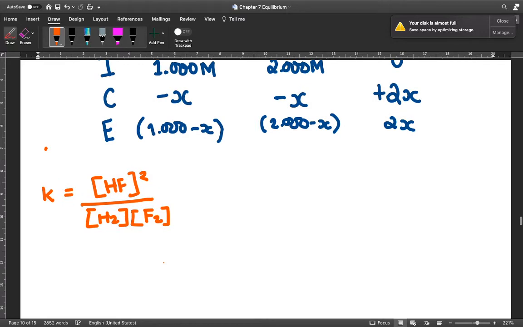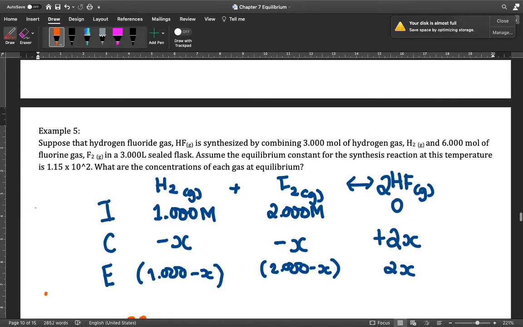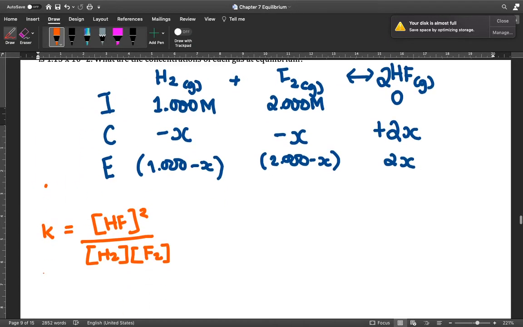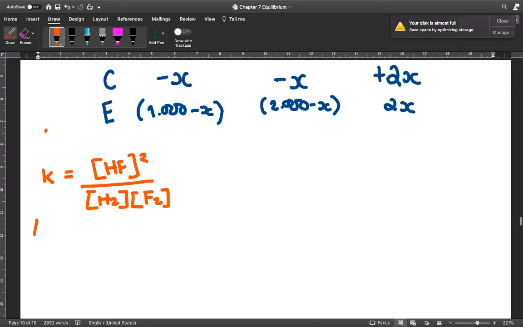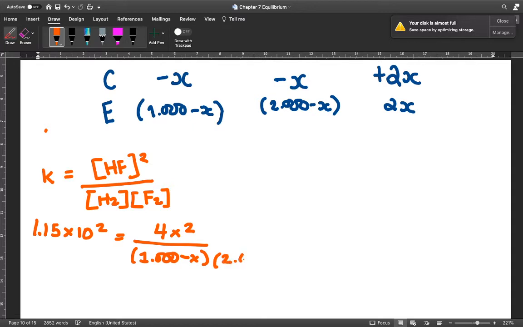Okay, I'm going to sub in all of my expressions and the numbers that I know. I am given a K value in the question, which is 1.15 times 10 to the power of 2. And then I'm going to sub in all of the numbers. So 2x squared is going to be 4x squared divided by 1.000 minus x times 2.000 minus x.